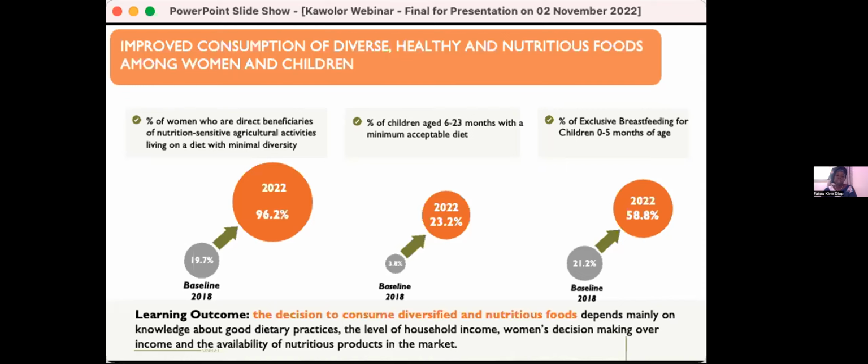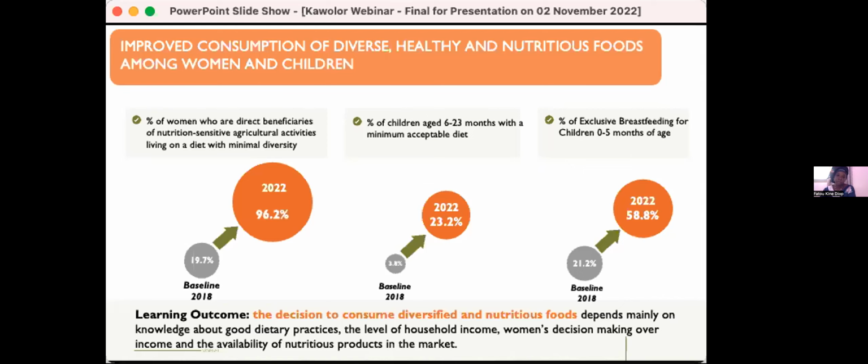So capacity building was very important for us, to allow people to have knowledge, to have education for women, for good practices. Also, the project worked a lot on increasing household revenue and improving women's ability to make decisions.